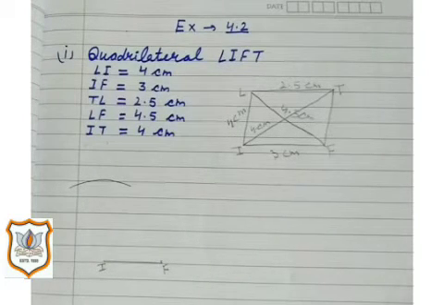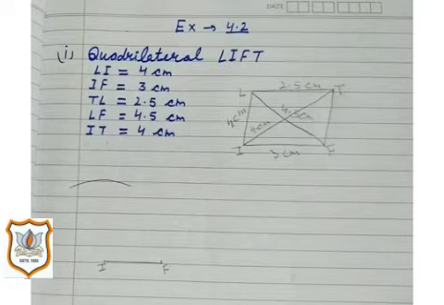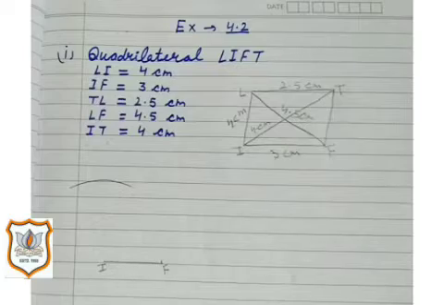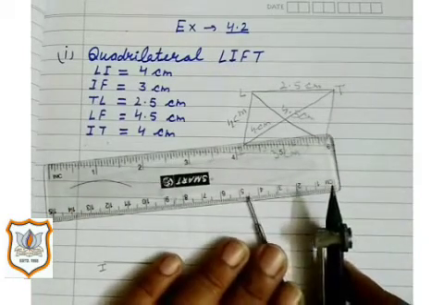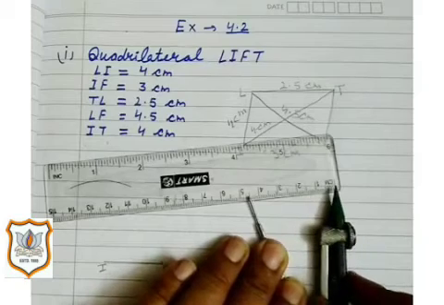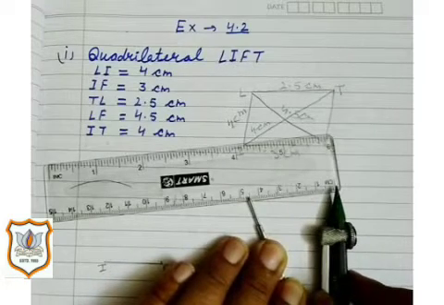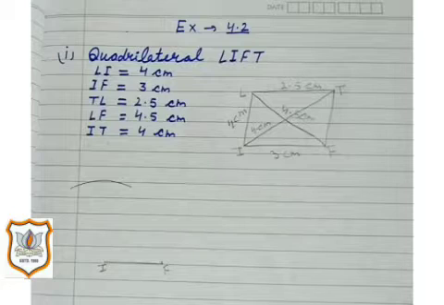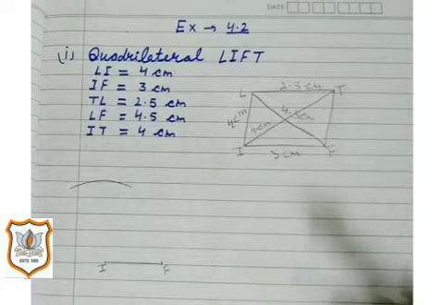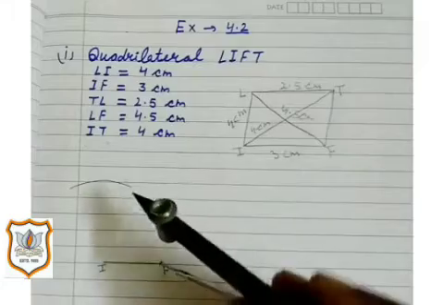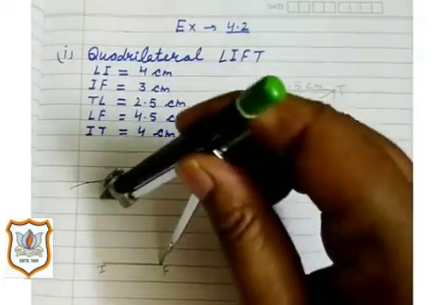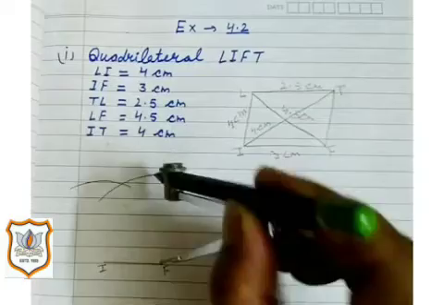Now we will draw LF and LF is 4.5 centimeter. Now we will take 4.5 centimeter in compass and we will draw arc with center F. So this is F, this is a center and we will draw arc.